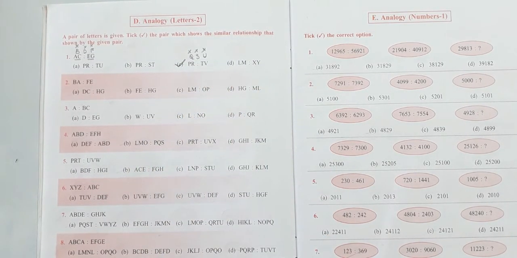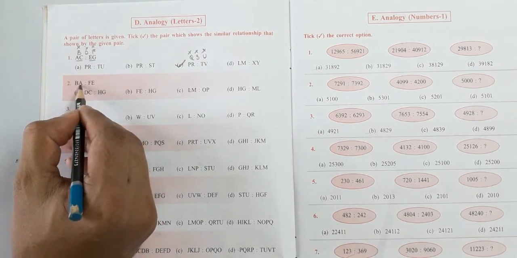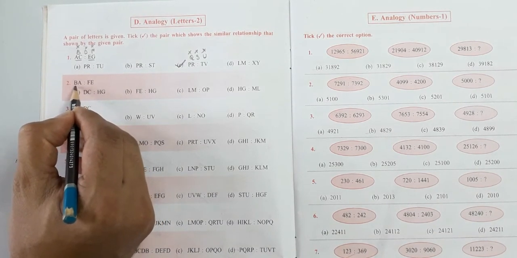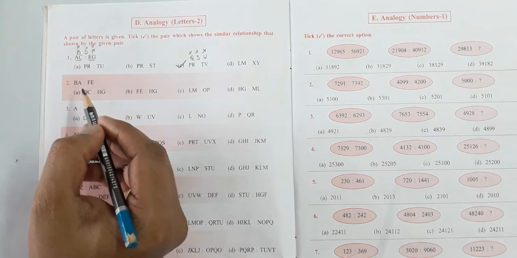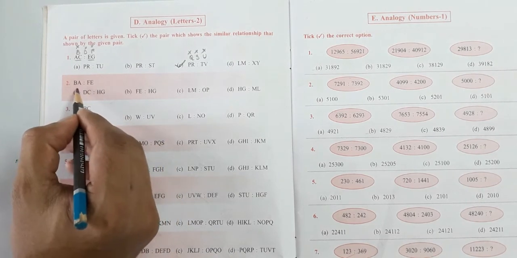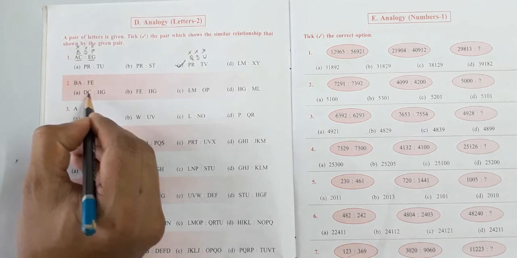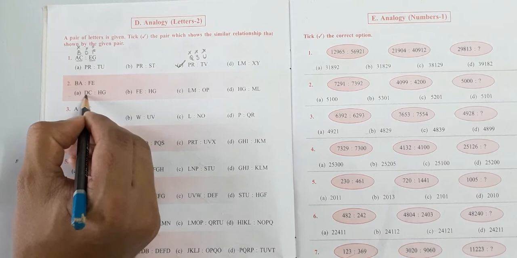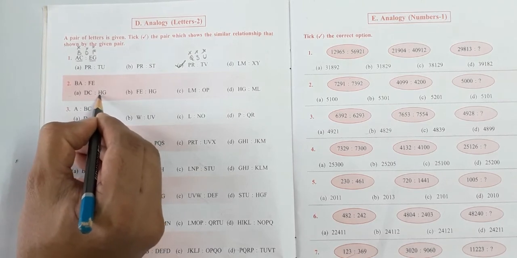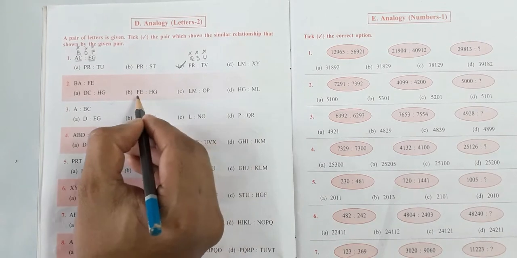Okay. Now, let us look at the second question. A, B. It's very clear that they are in reverse order. E, F. Again, they are in reverse order. Here, if we check the relation like that, look, C, D, G, H. Already they are in reverse. C, D, reverse order. E, F, G, H, reverse order. Then why can't we go for this option?